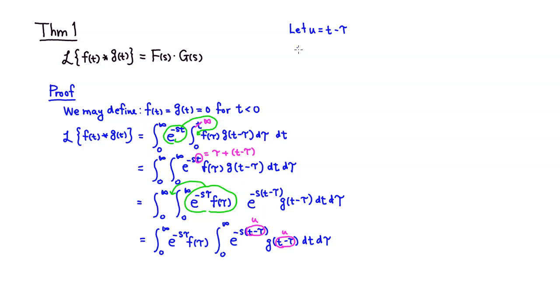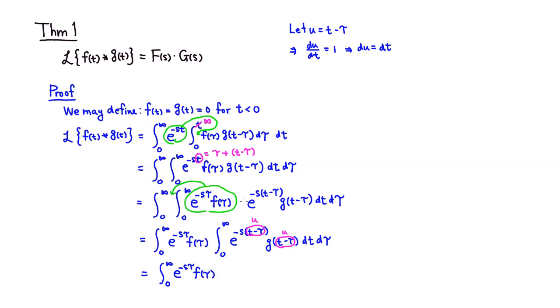All right, I'll go through the usual drill. Take the derivative of U with respect to t, which is obviously 1, which means that we can use du and dt interchangeably. So this is going to be the integral from 0 to infinity, e to the negative s tau times f of tau.